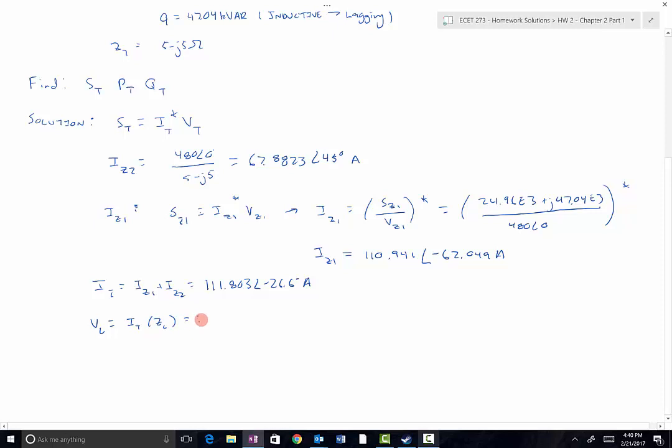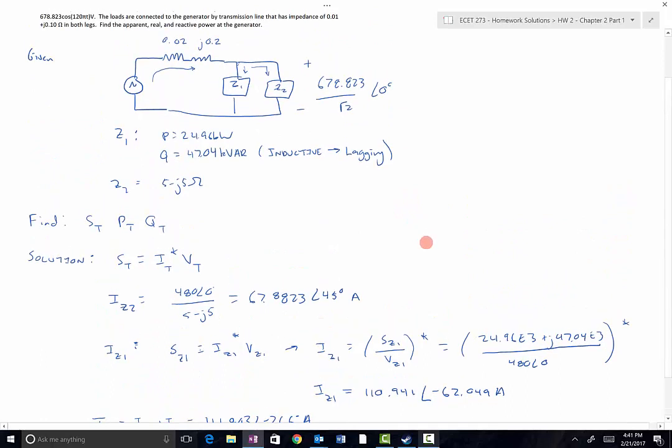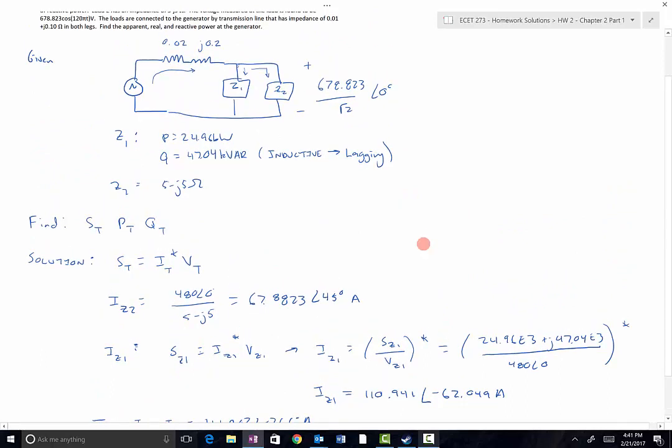So that's equal to this current here, 111.803 at an angle of negative 26.6 degrees. And then that needs to be multiplied by the line impedance, which was 0.01 plus j0.1.